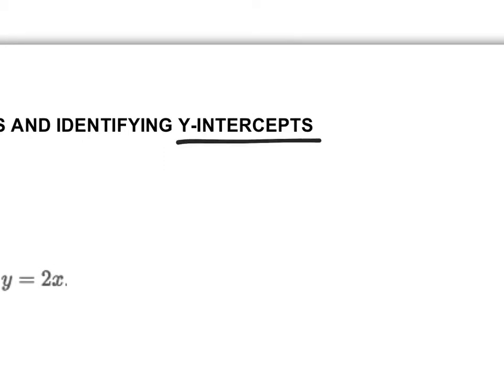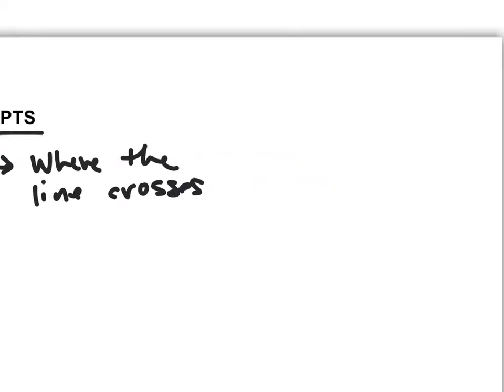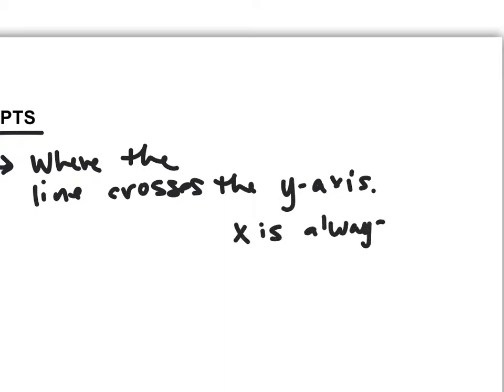The y-intercept is where the line crosses the y-axis, okay? And x is always 0 at the y-intercept.